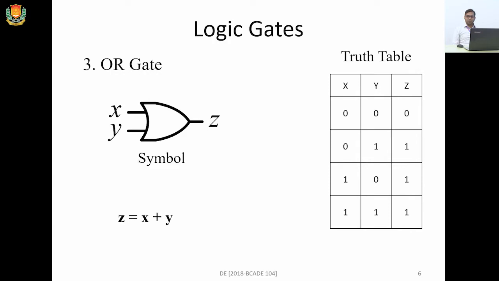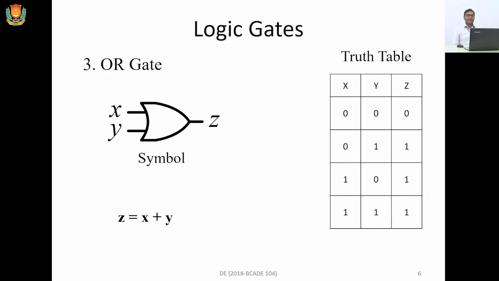Some of you may be thinking that 1 plus 1 should be 2, or in binary it should be 10. No, students. In the Boolean expression, 1 and 0 are just representatives of the logic: high logic or low logic. 1 represents only the high logic.